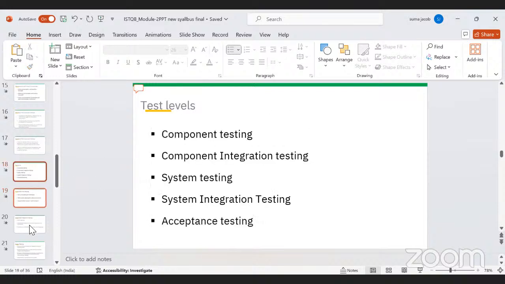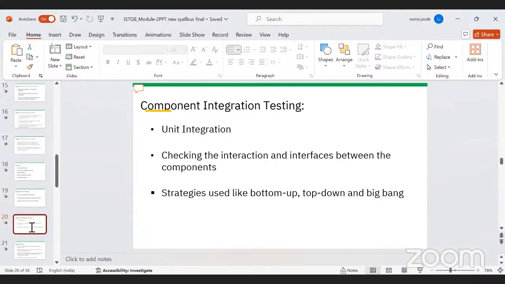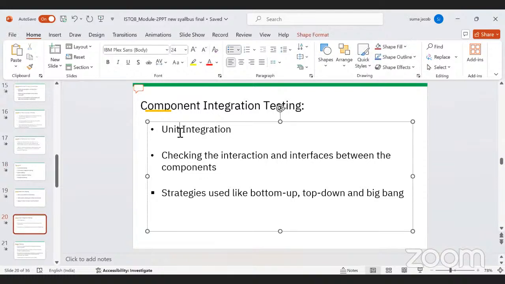So next is component integration testing or unit integration testing. We have discussed component testing, and now say unit A or component A is being tested, and there is another component B. Those are individually tested for their functionalities during their corresponding component testing phase.